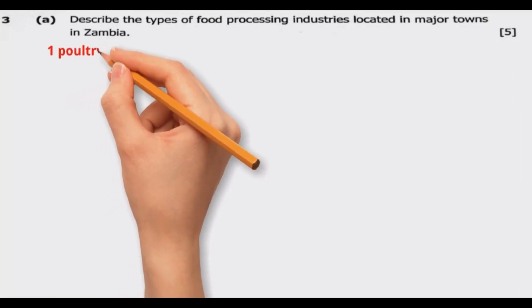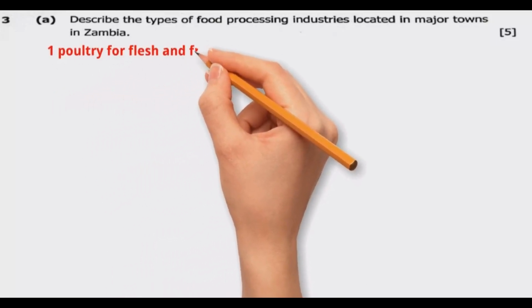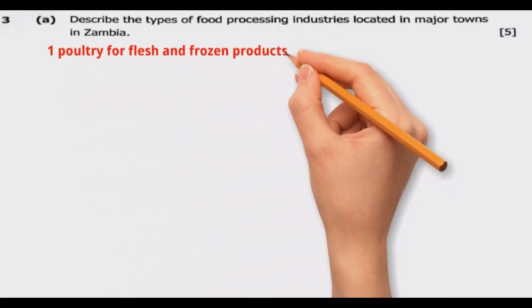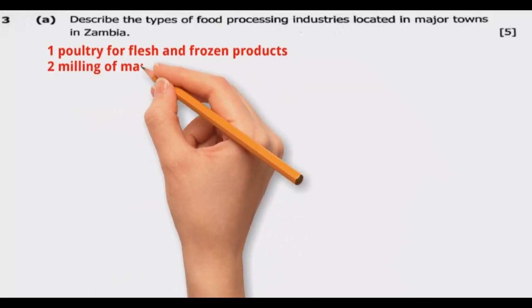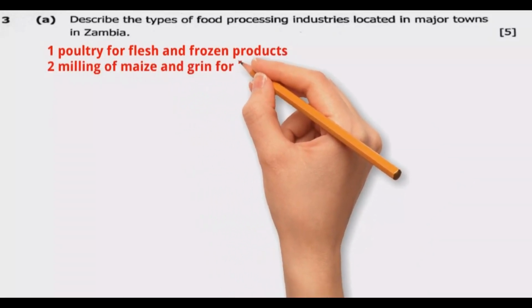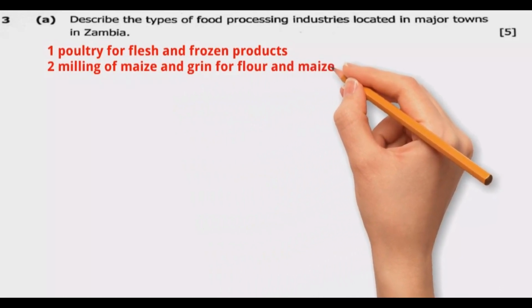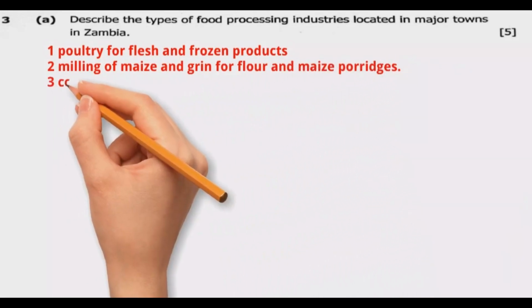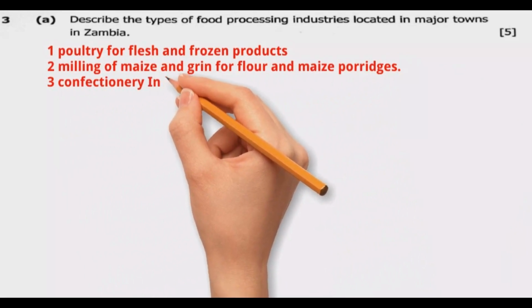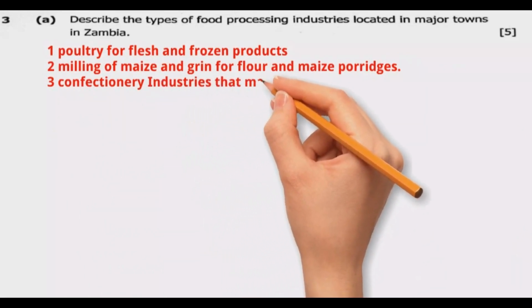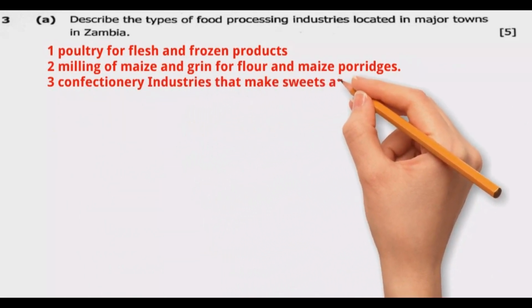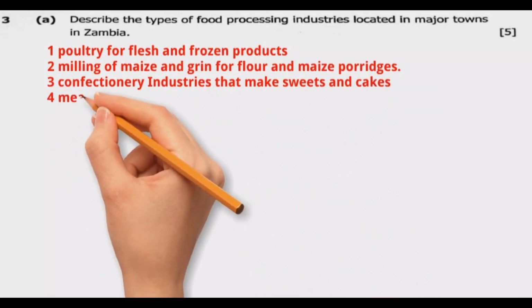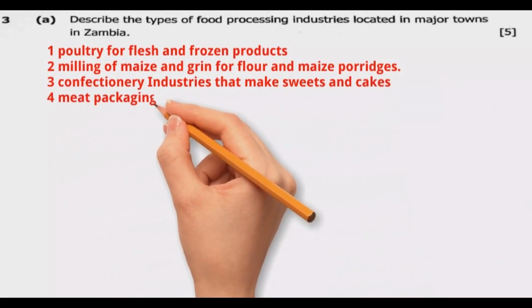Okay, so we start. The first point is poultry for fresh and frozen products. 2. Milling of maize and grind for flour and maize porridge. 3. Confectionery industries that make sweets and cakes. 4.